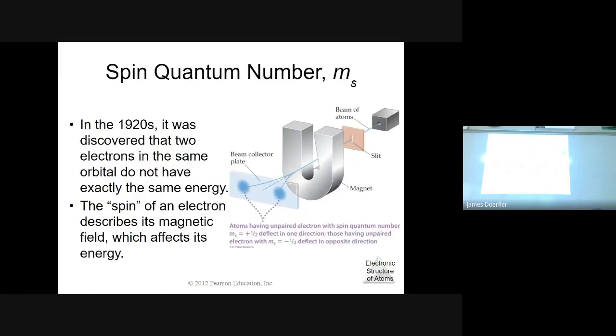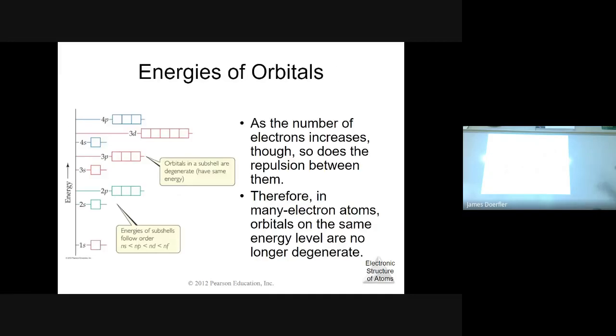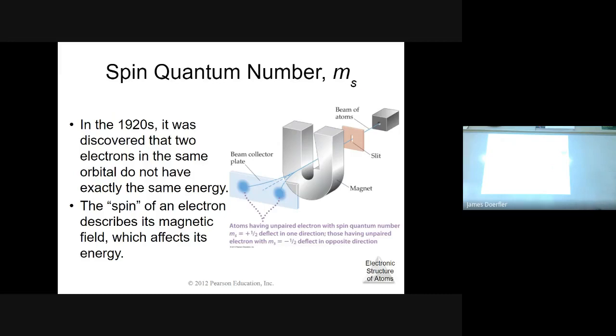Now, this idea of many electron atoms causing greater repulsion, which causes the orbitals to no longer be degenerate, led to the idea of that fourth quantum number. And that is the spin quantum number, m sub s.